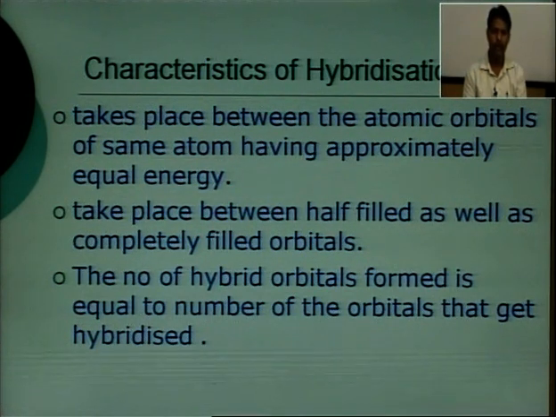The number of hybrid orbitals formed is equal to the number of orbitals that get hybridized. So, how many orbitals are formed after hybridization? The number is equal to how many orbitals are intermixing with each other.